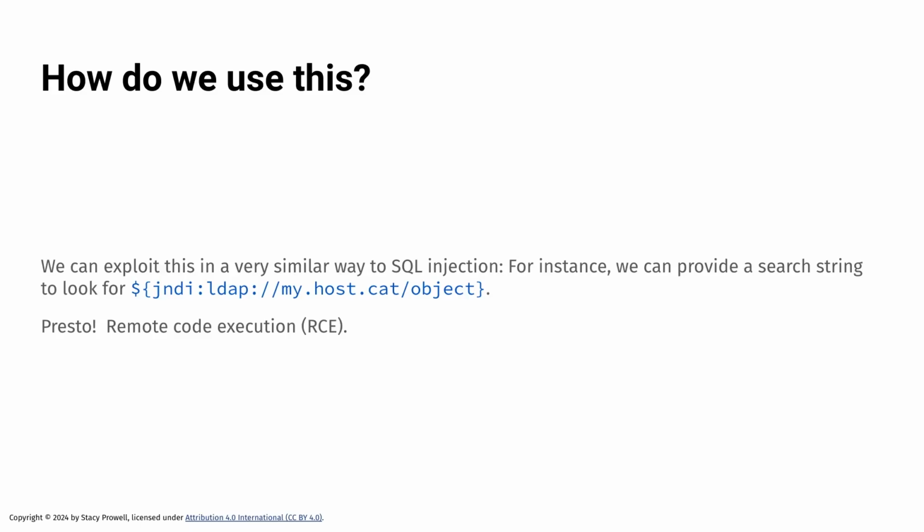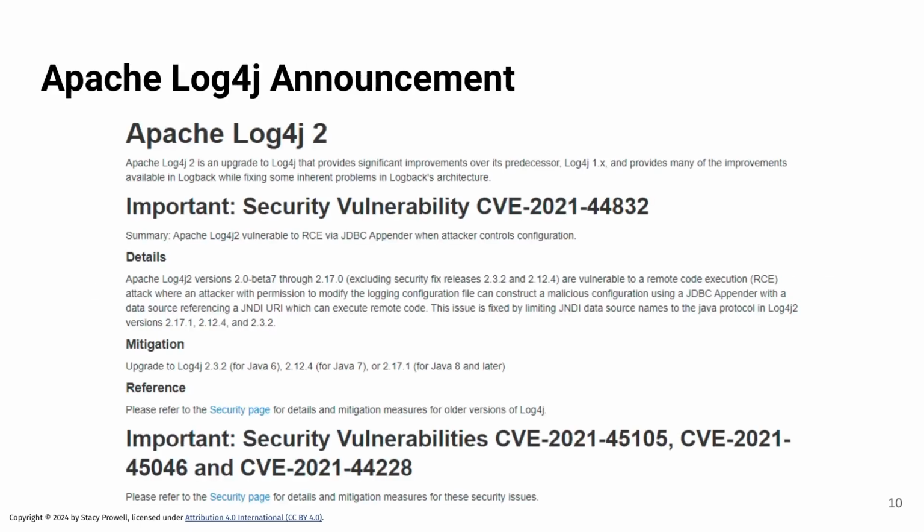That's maybe not good. And that led to what you see here. Apache Log4j is an upgrade to Log4j that provides big improvements, but there's a vulnerability. And you see right here, subject to remote code execution when the attacker controls the configuration.